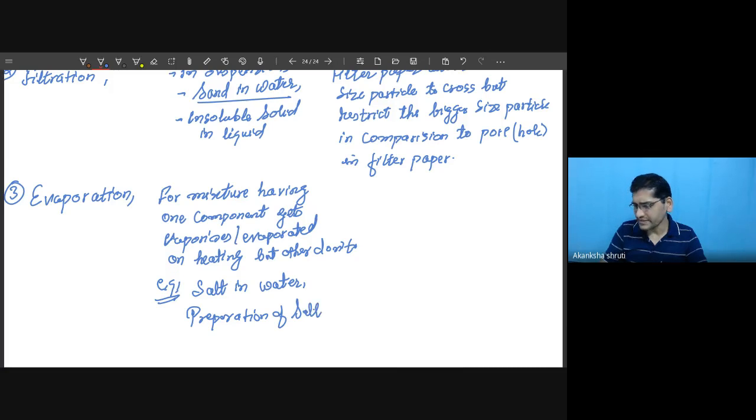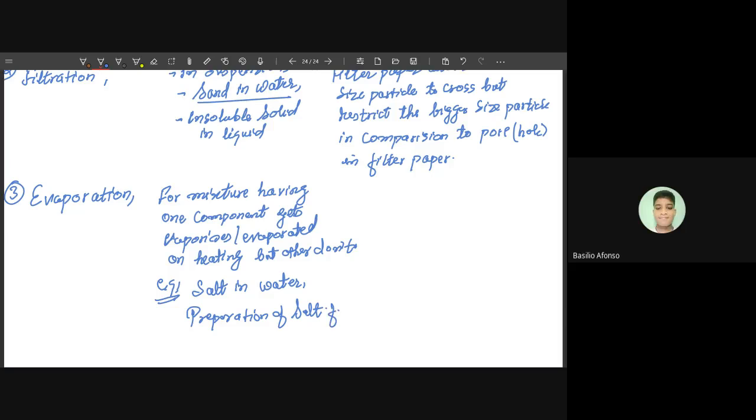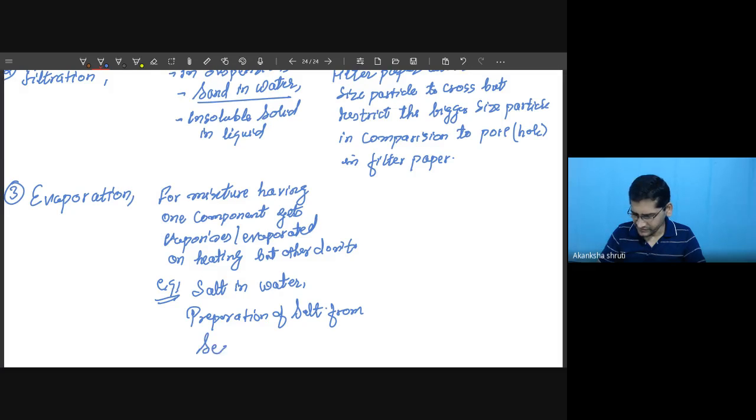A question is asked like this: which is the technique used for preparation of salt from sea water? Evaporation. So we can use it for this mixture. What is the principle? The principle is evaporation of only one component.